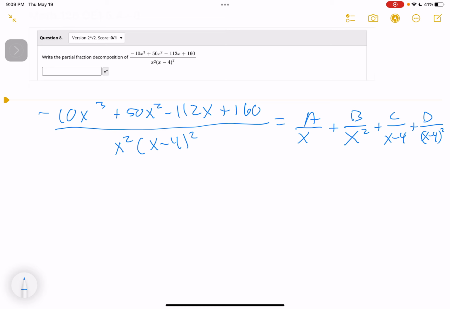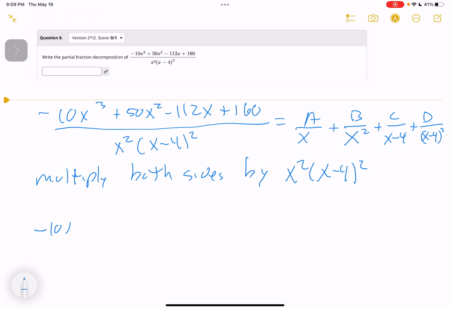So I'm going to multiply both sides by x squared times x minus 4 squared. On the left, we have negative 10x cubed plus 50x squared minus 112x plus 160.